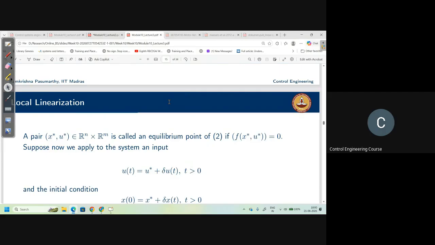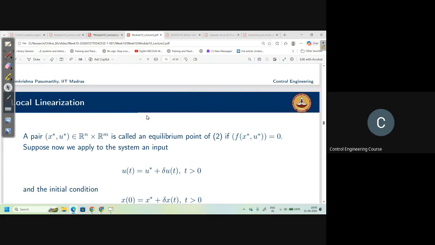But in general, most of the time you encounter non-linear systems. Maybe the system behavior itself is non-linear, or components inside the system may have non-linear behavior.